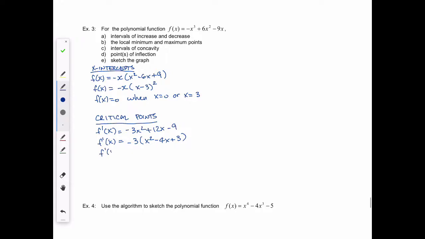I think that can be factored as well using product sum techniques or crisscross. There's going to be an x and an x, and I think a negative 1 and a negative 3. It doesn't matter which way you put it. We set it equal to 0 as always, so that's equal to 0 when x is equal to 1 or x is equal to 3.